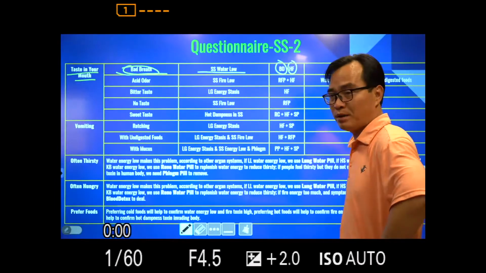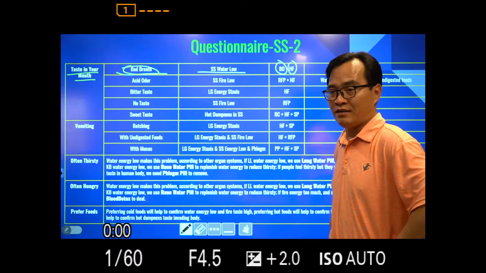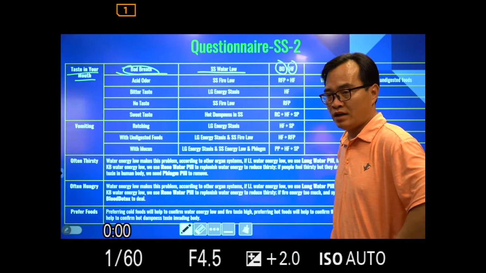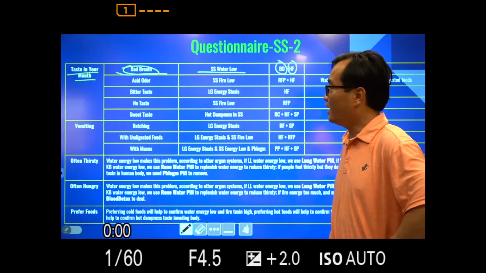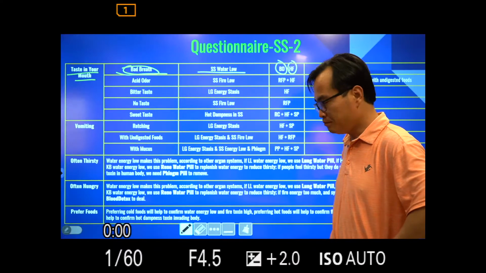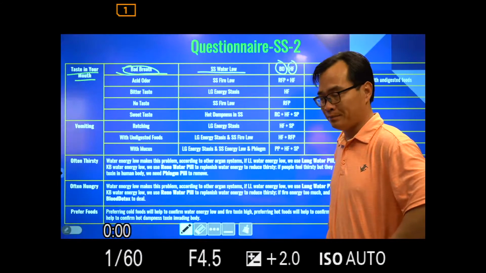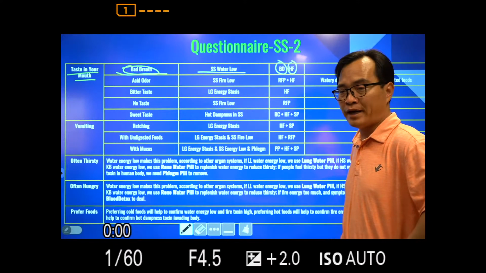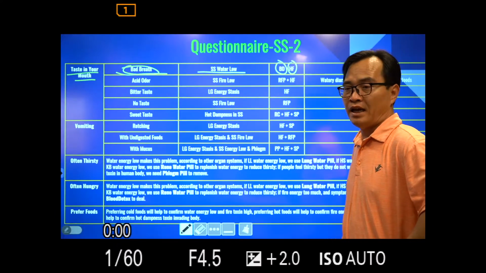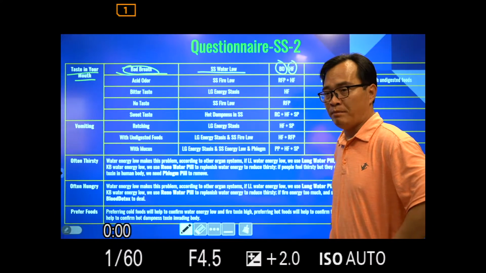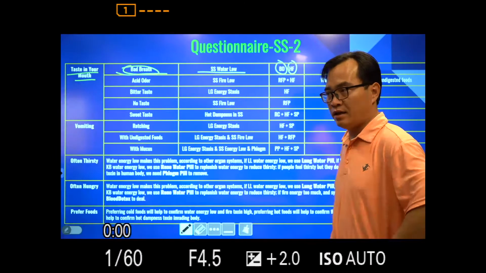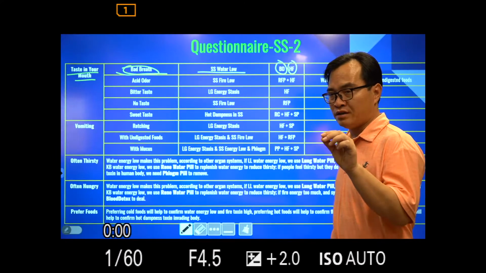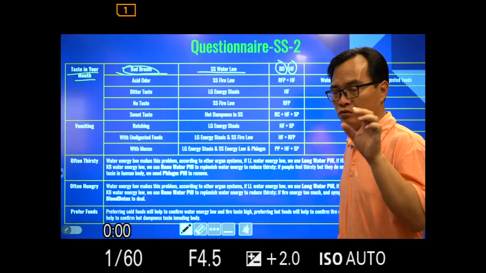Because when people have bad breath, their water energy is very low and their fire toxin is very high, and this kind of fire toxin generally burns the microcirculation of the system, so the microcirculation is also not so good.